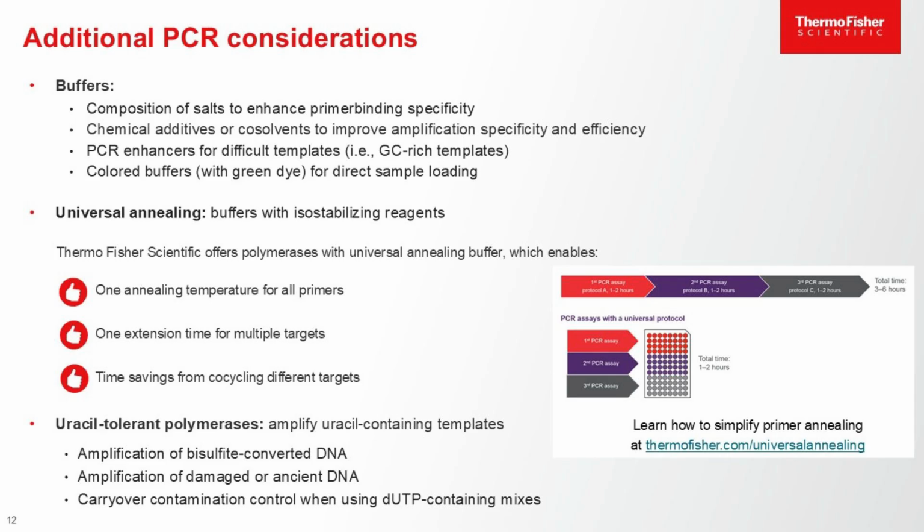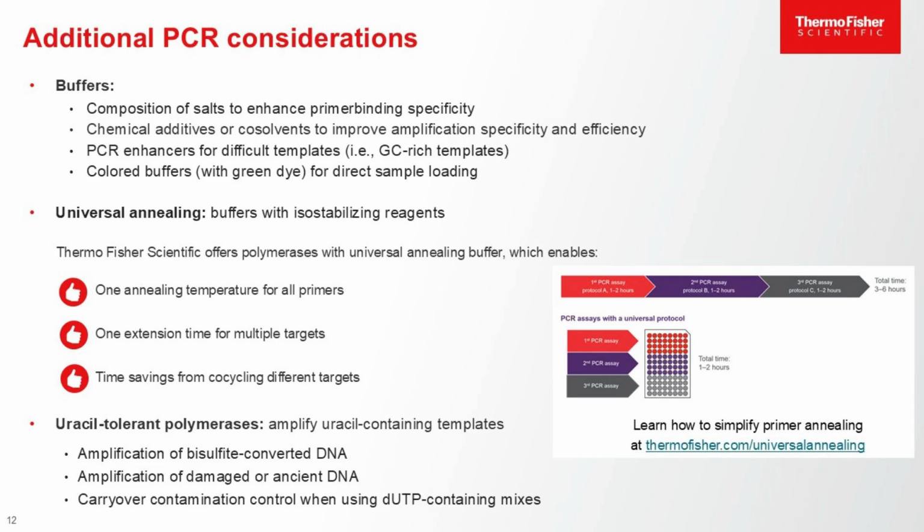One unique advancement Thermo Fisher Scientific offers is the universal annealing feature. The recommended melting temperature of PCR primers is usually in the range of 55 degrees Celsius to 70 degrees Celsius, which can vary due to differences in primer sequence, length, and composition.